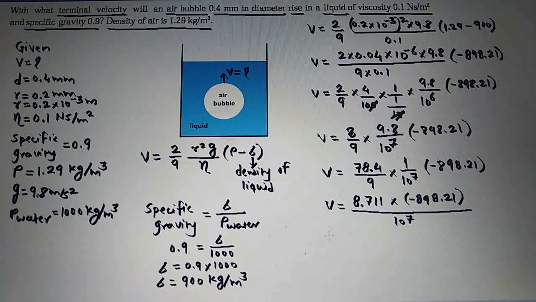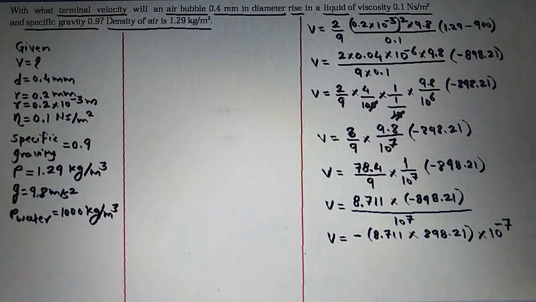Next we will write V is equal to minus of 8.711 into 898.21 into this 10 raised to 7 in the denominator, we will write it as 10 raised to minus 7 in the numerator.